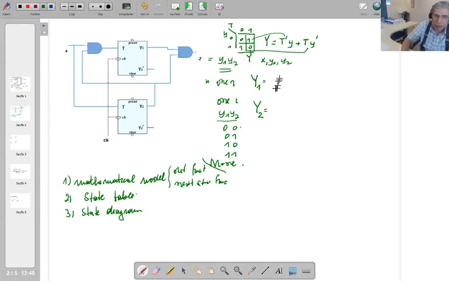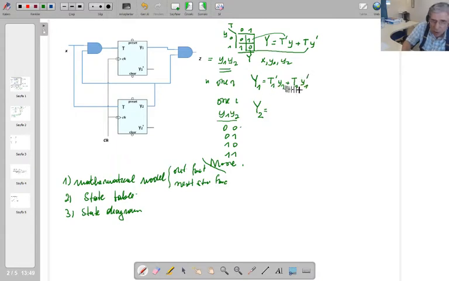Okay, so how am I going to write this for two memory elements? For this first one, I'm going to write T1 prime Y1 plus T1 itself Y1 prime.